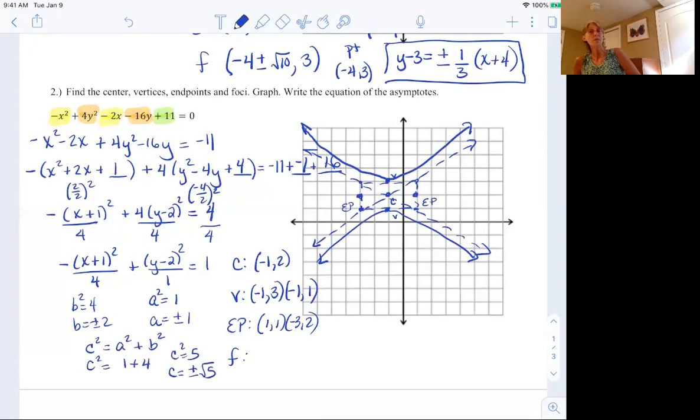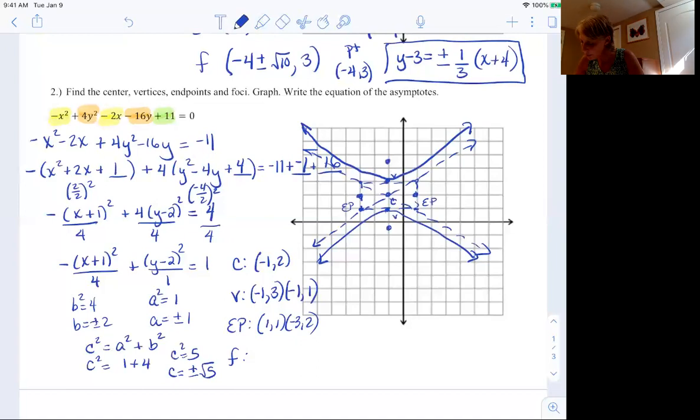Square root of 5. Square root of 5 is going to be a number between, well, 2 squared is 4, 3 squared is 9, so it's a number between 2 and 3. 2 and a little bit.